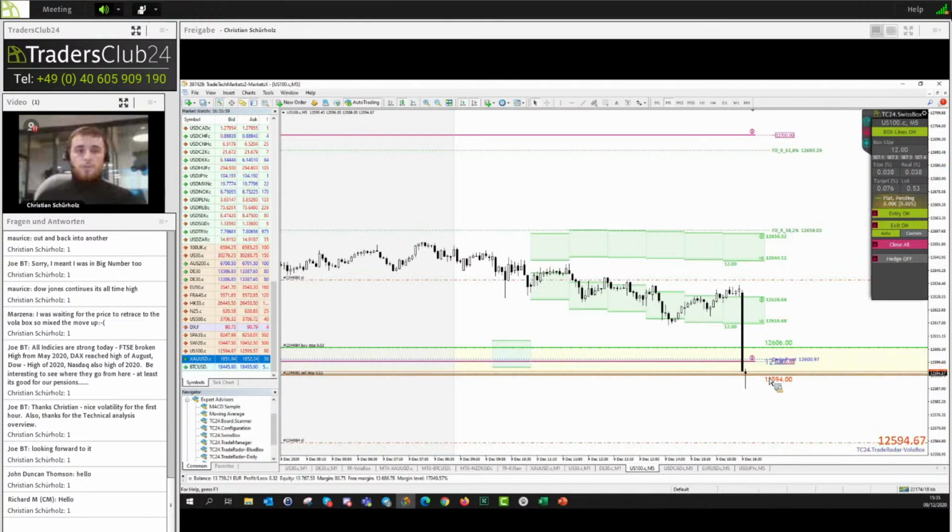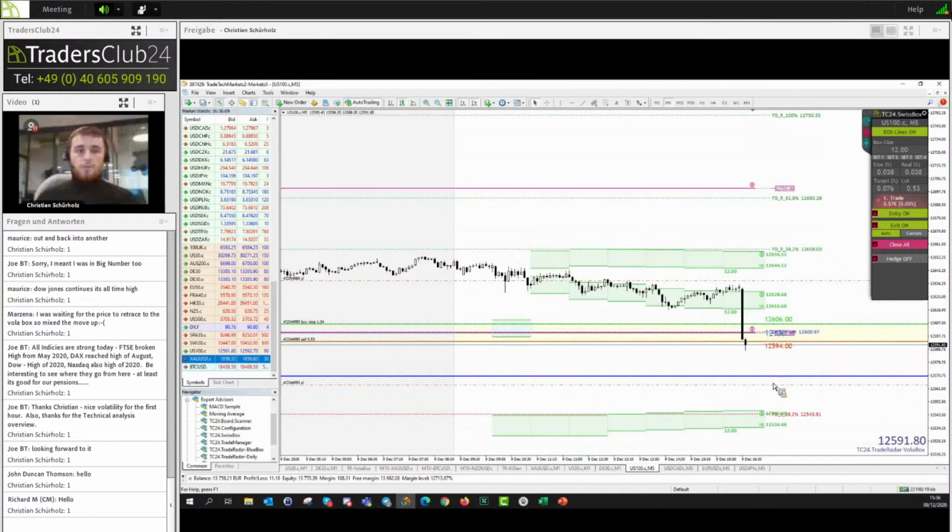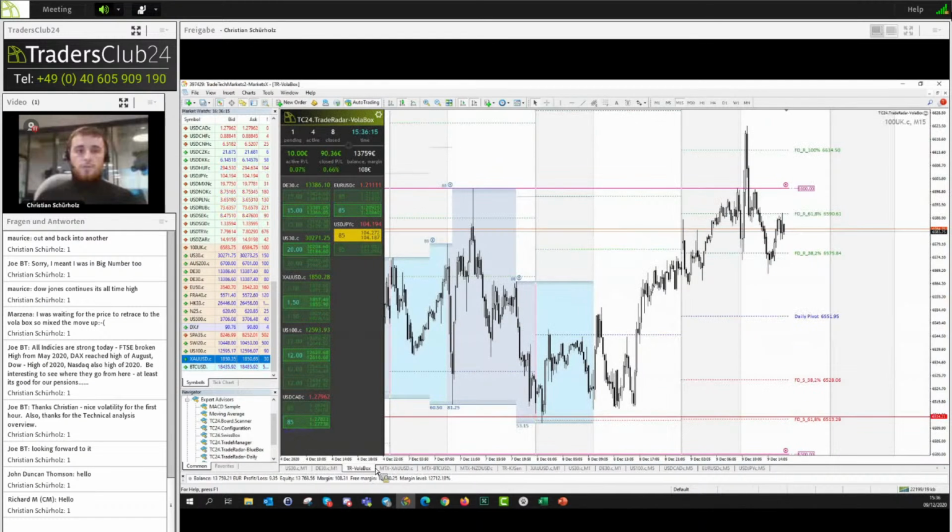So now dip back in and then we get our pushback out. First trade activated and take profit is now into the chart. Great stuff. So 8 trades closed so far. So that's the second trade of this afternoon.